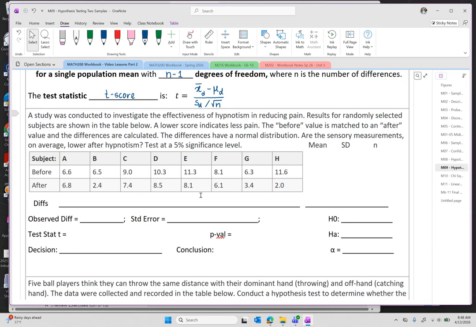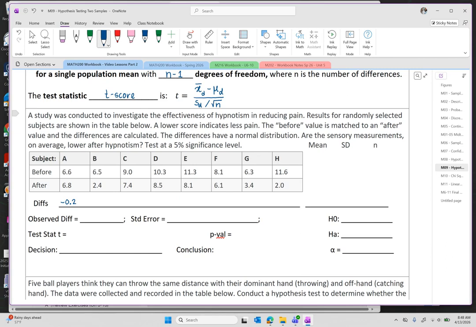And if we find the differences as before minus after, then we will have 6.6 minus 6.8, and this difference will be negative 0.2. This is an example of a subject or an observational unit who actually ended up having a higher level of pain after hypnotism.